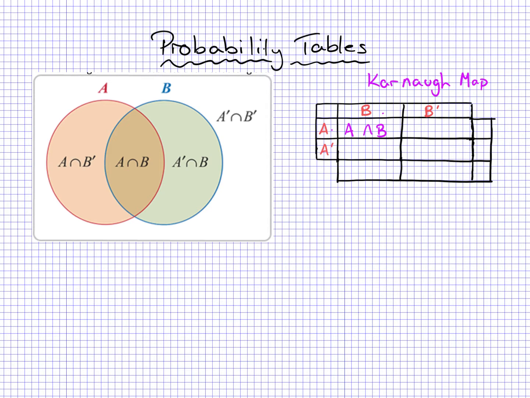When I'm talking about A, it's either A or not A. If I talk about B, it's B or not B. It doesn't matter that there's this possibility over here when talking about B. All I'm interested in is B or not B. Then in this column, where I'm intersecting not B with A, we can see A intersection not B, so we just write that down, and we can see that that maps this part here into the Karnaugh table.